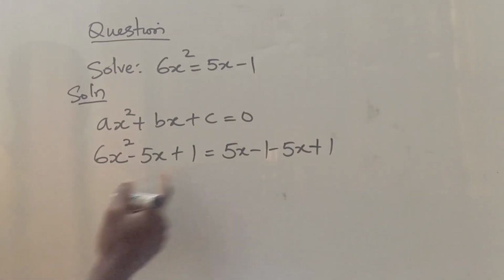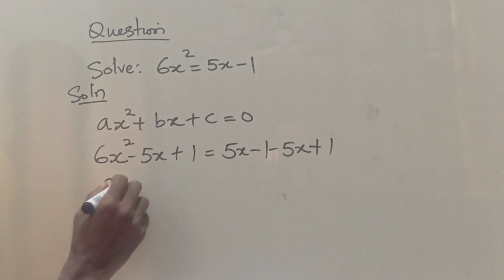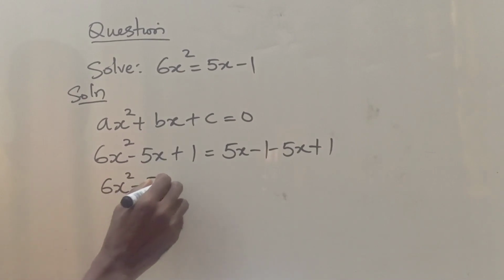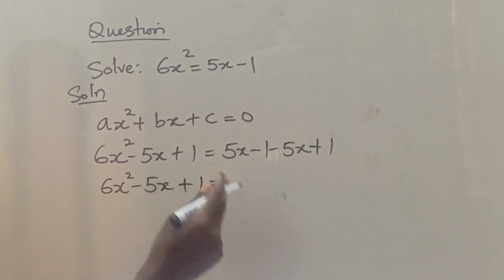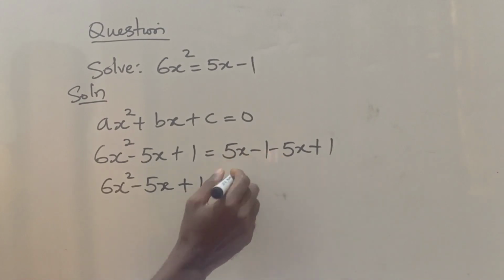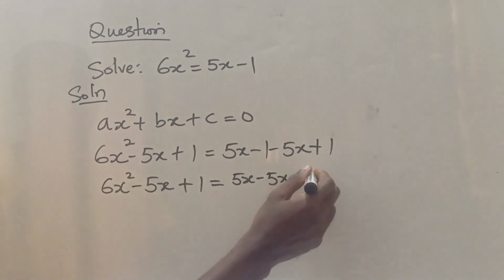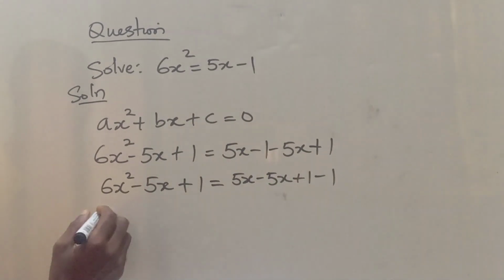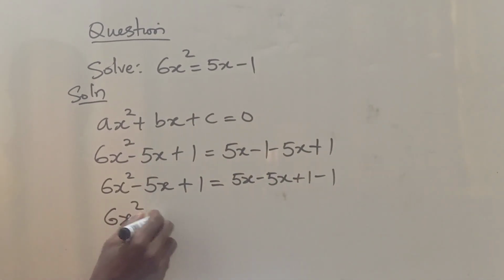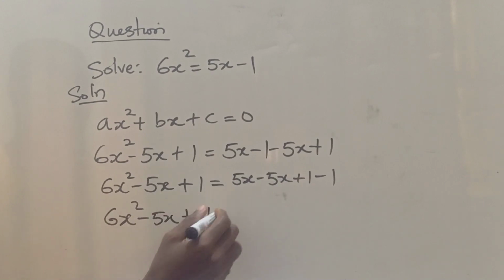So we now have on the left-hand side 6x squared minus 5x plus 1, equals 5x minus 5x plus 1 minus 1.